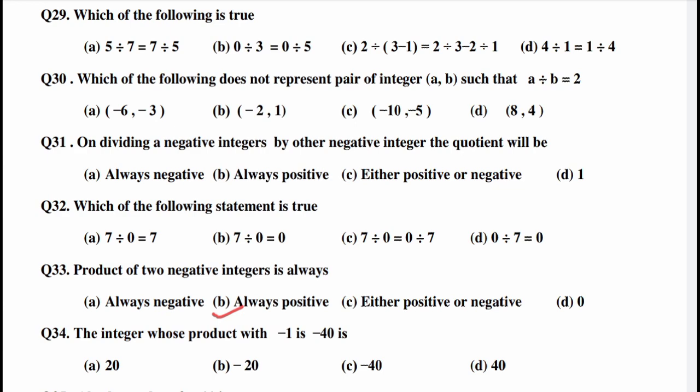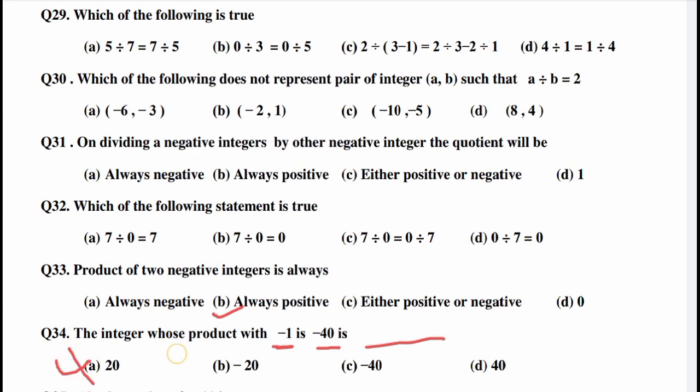Question number 34. The integer whose product with -1 is -40 is dash. So here we will check if we multiply -1 with -40, what do you get? 20?